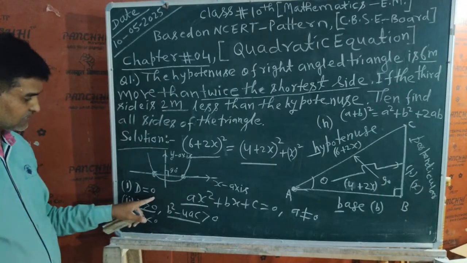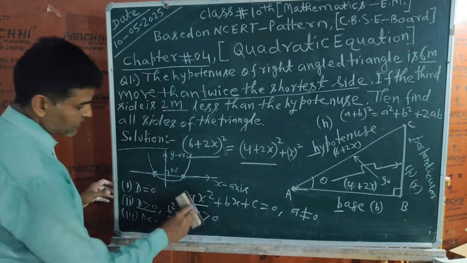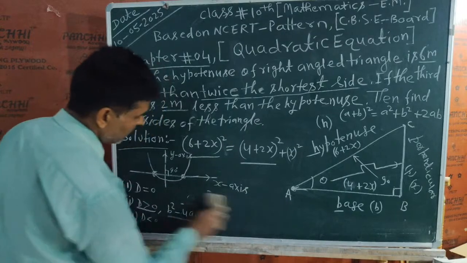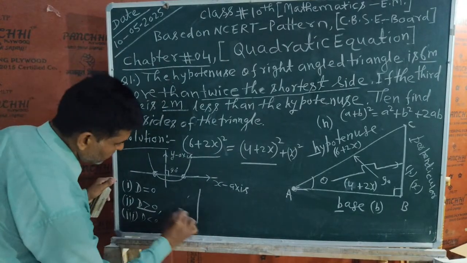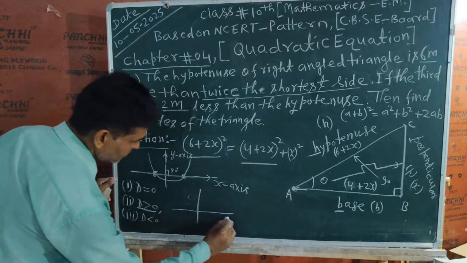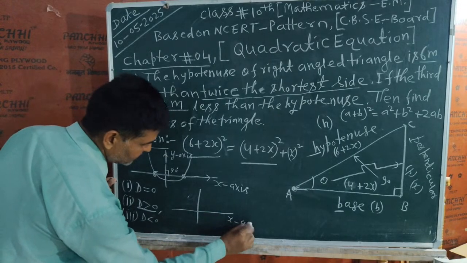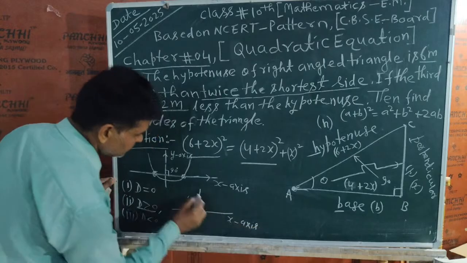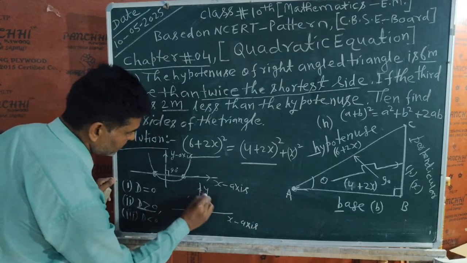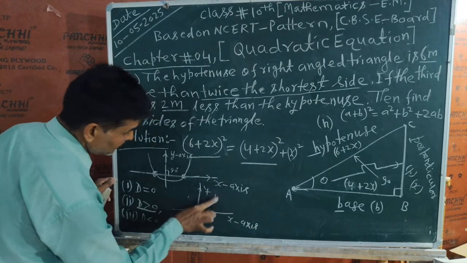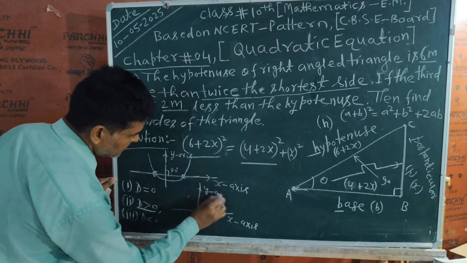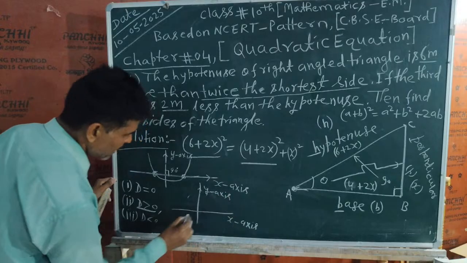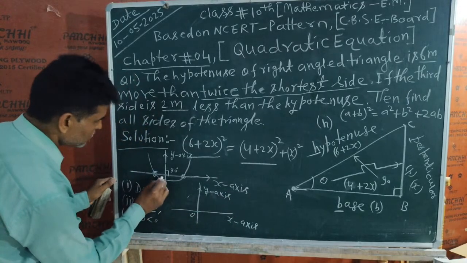If in this case I draw another quadratic equation, it will be like this. This will be the x-axis. Here I will say this is the x-axis and this is the y-axis, and after making the xy plane I will write this is the origin.